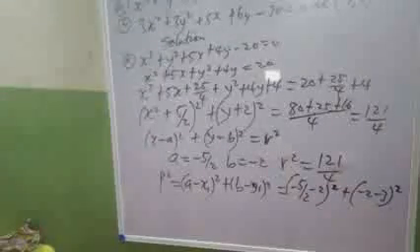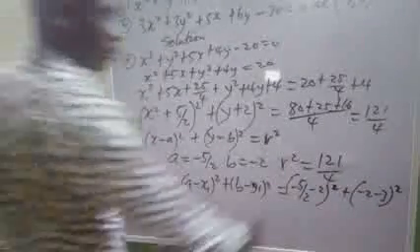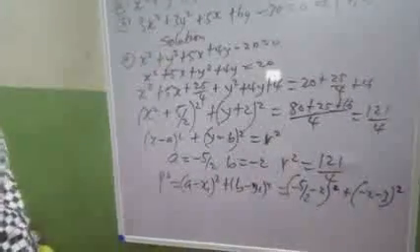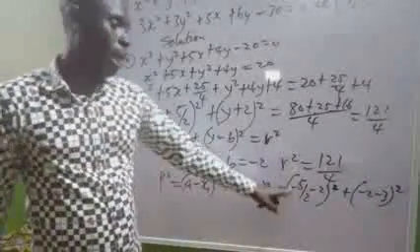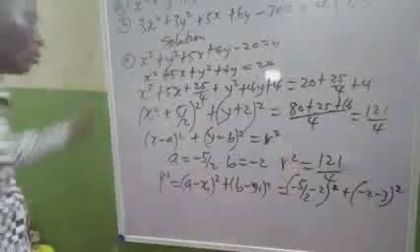Minus 3 all squared. So if we solve this, 2 times this is what? Minus 4. 2 times minus 2 is minus 4. Minus 5 minus 4 over 2.